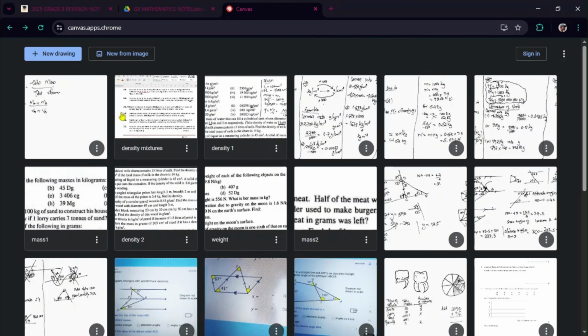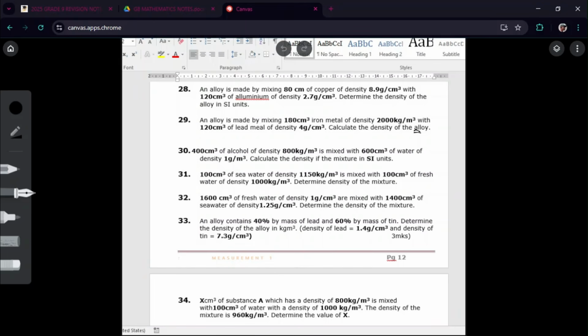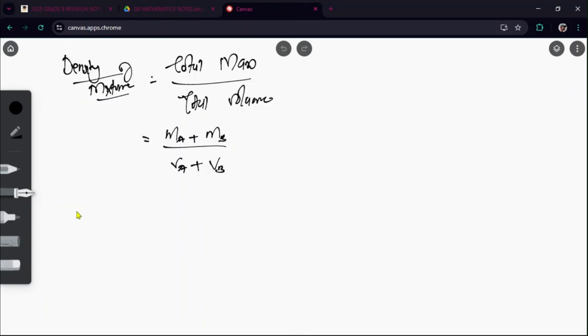Let me have an example here, like this one. This is a mixture, an alloy is a mixture made up of 180 centimeters cubed iron with a density of 2,000 kilograms per meters cubed.